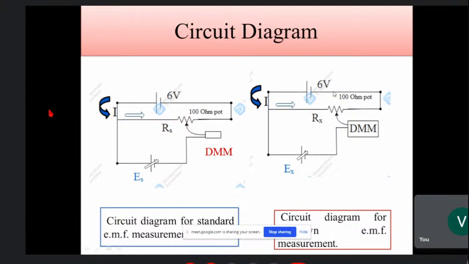If we put the mobile charger, what will be the actual effect? I have not studied that way. But the values of RS and RX can give the value of the unknown EMF, if we know the value of the standard EMF.